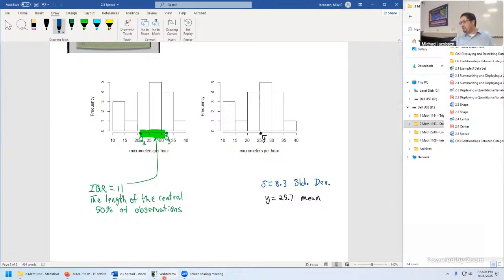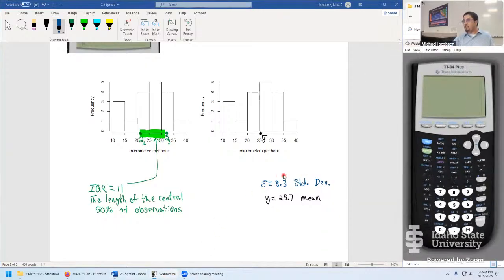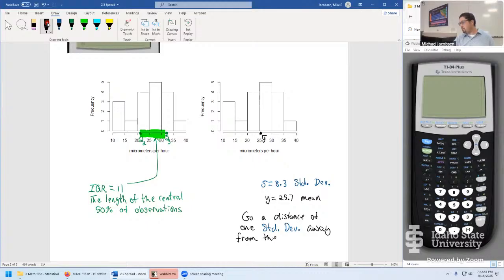And now let's look in the calculator what we can do here. Let's go a distance of one standard deviation away from the mean.